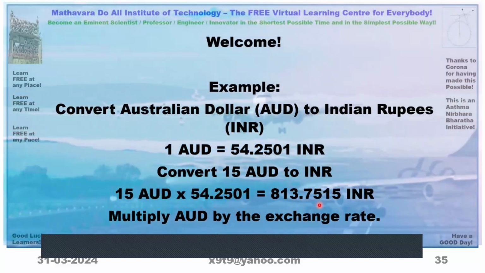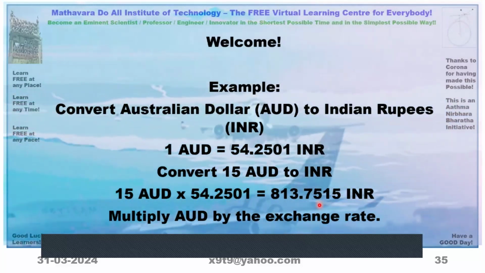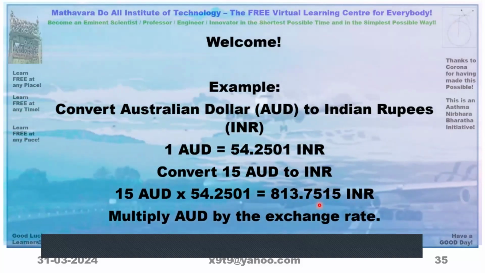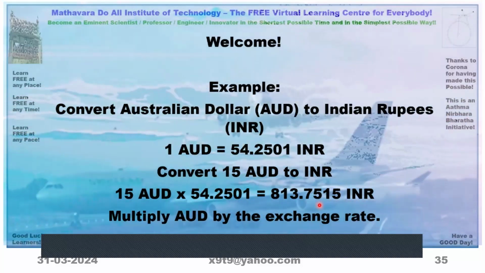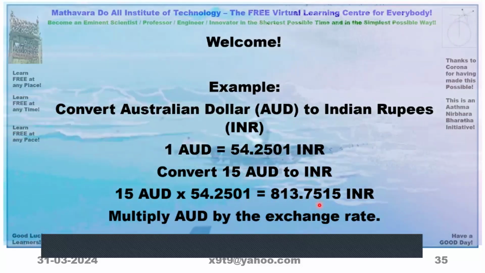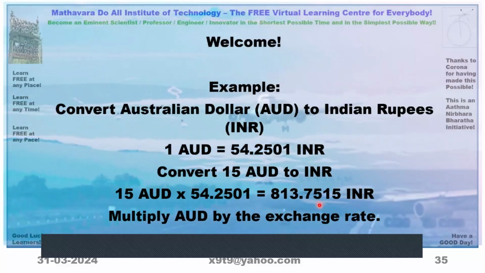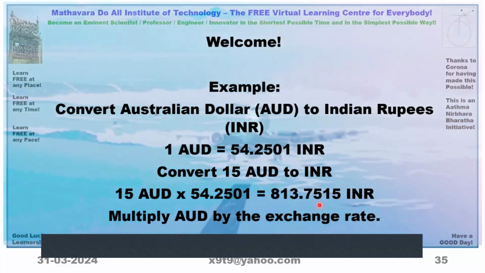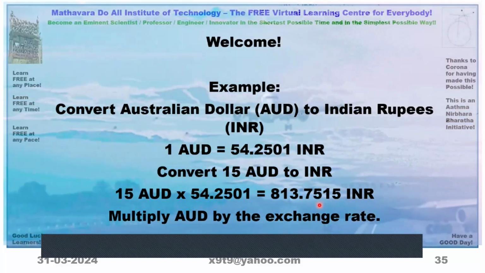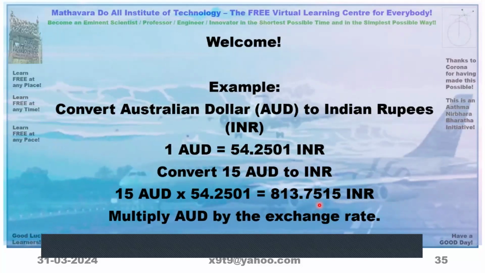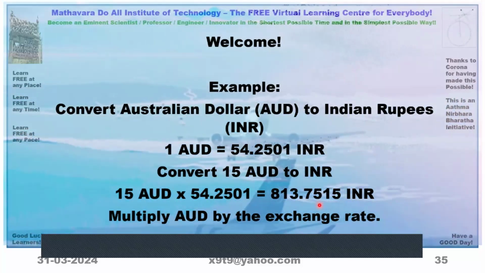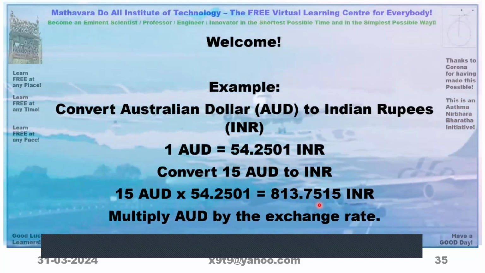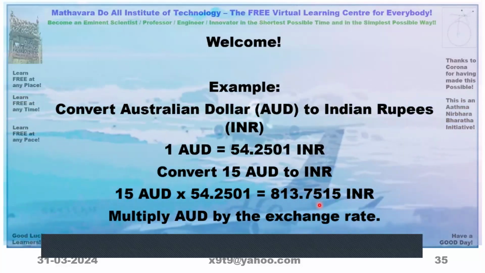So just calculate this, multiplying 15 by 54.2501. So how much will you get? You can use a calculator, not necessarily mental arithmetic. 813.7515. So that means what I have written is correct.